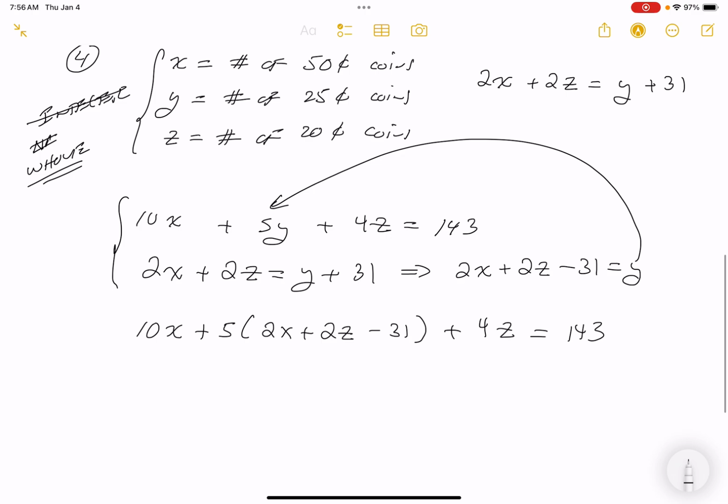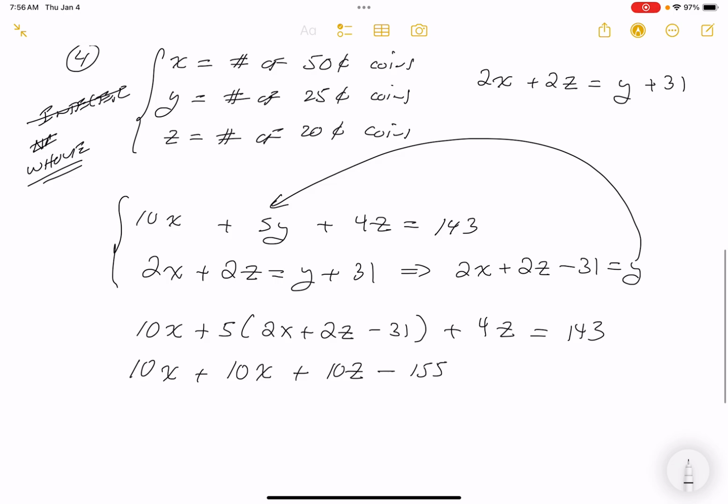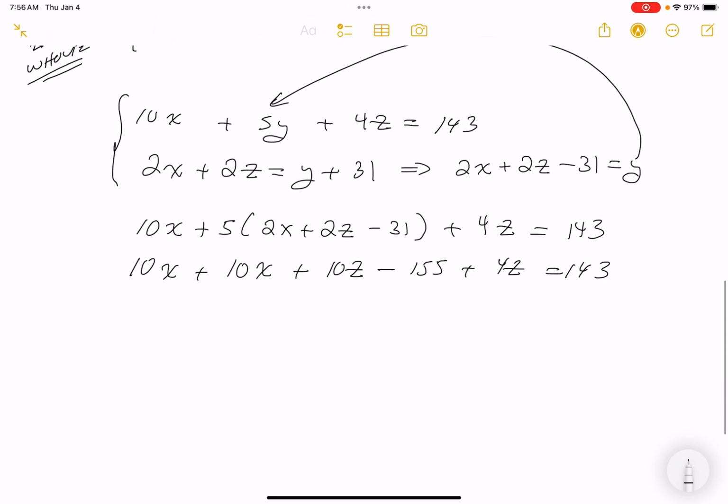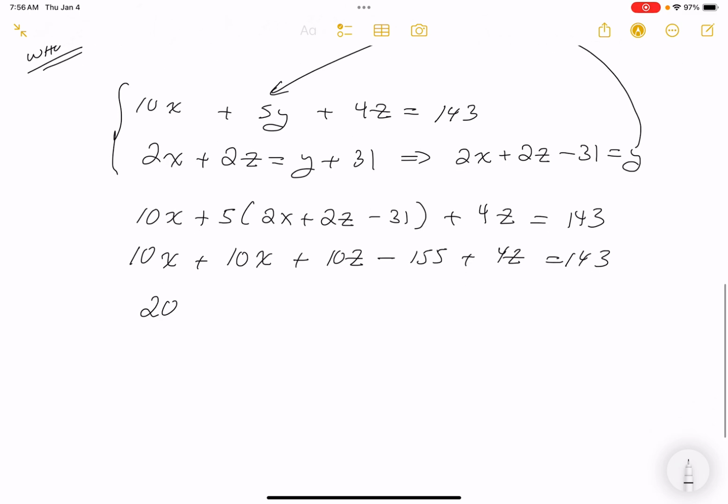And what do you get over here? 10x, 10z, minus, that's 155, plus 4z equals 143. And boy, I got some work to do here, don't I? I got 20x. That's done. I have 14z.